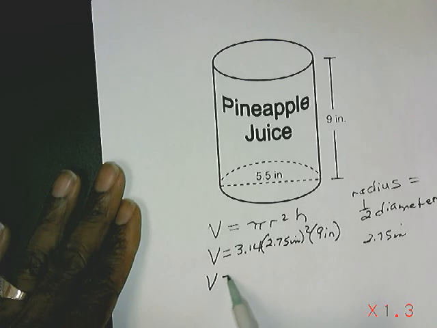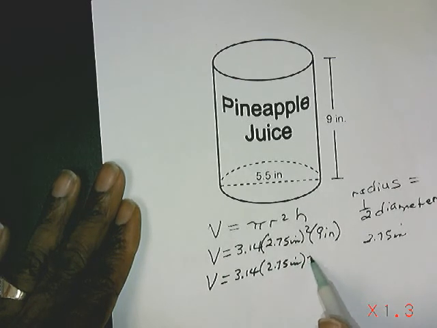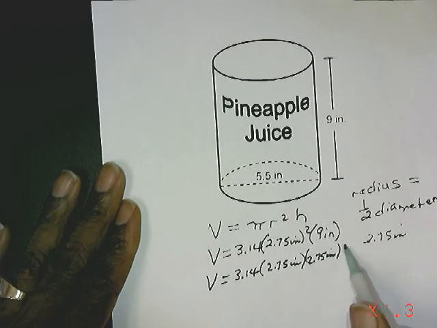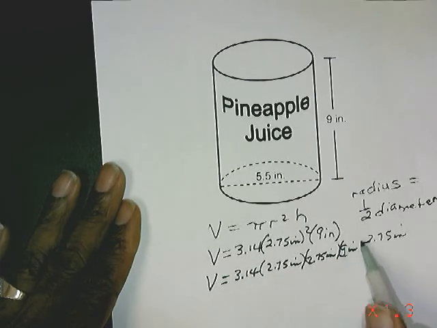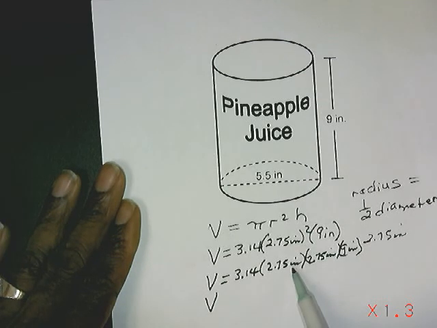My next line, V is equal to 3.14 times 2.75 inches times 2.75 inches times 9 inches. I have inches, inches, inches. That's inches to the third power.